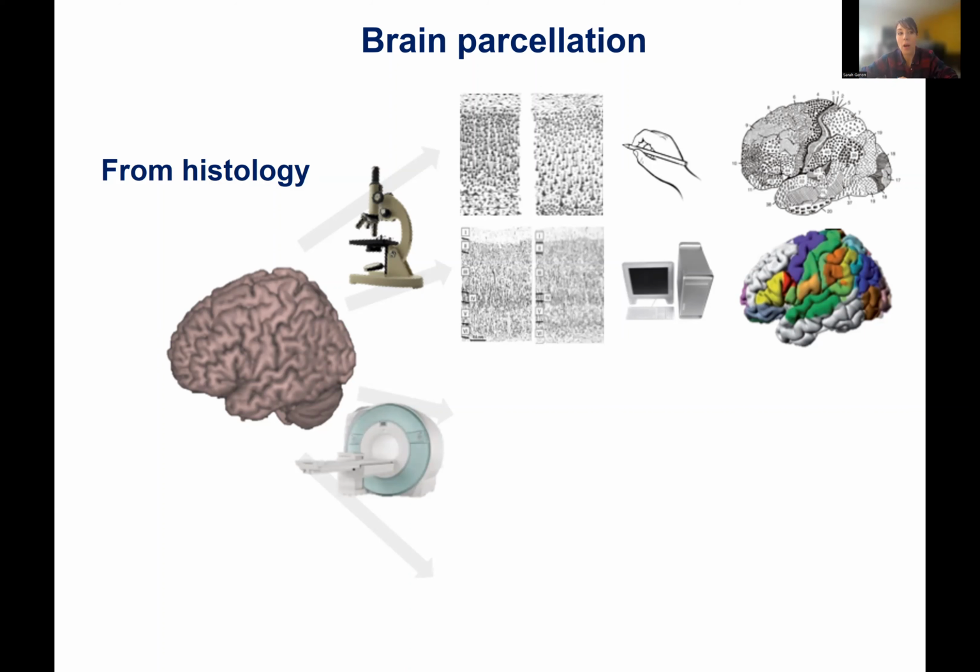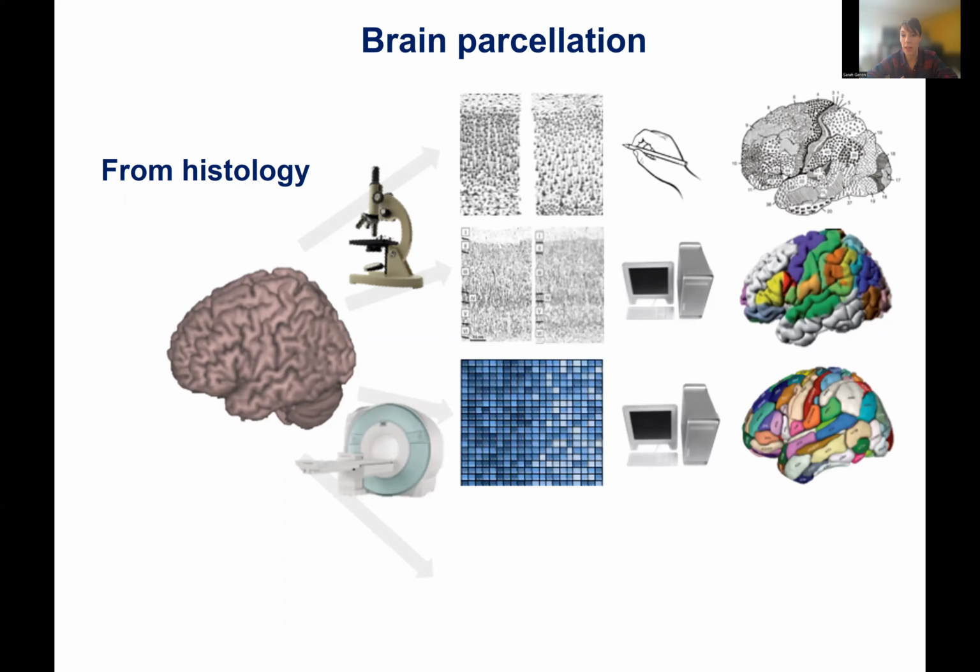In particular, cytoarchitecture was derived on slices of the brain, but with neuroimaging scanners, we had 3D images relatively fast and relatively easily in hundreds of participants. So this opened the perspective to derive connectivity features that could be used for brain parcellation.